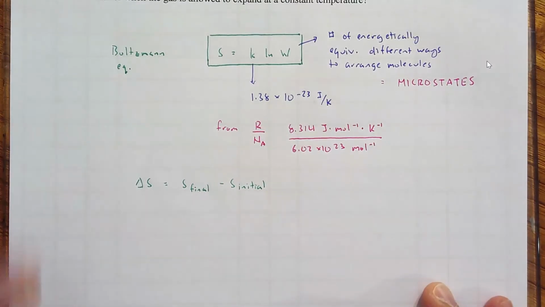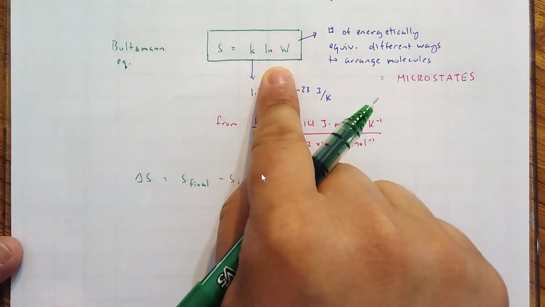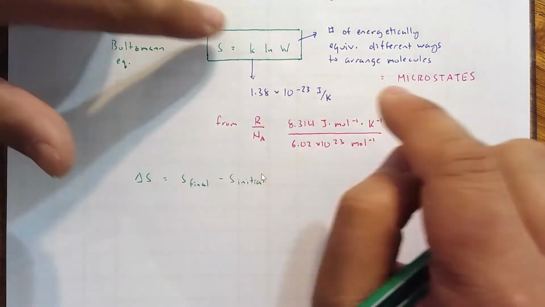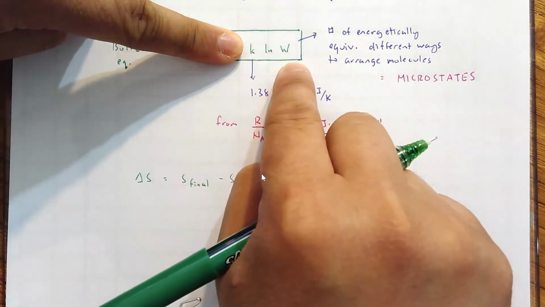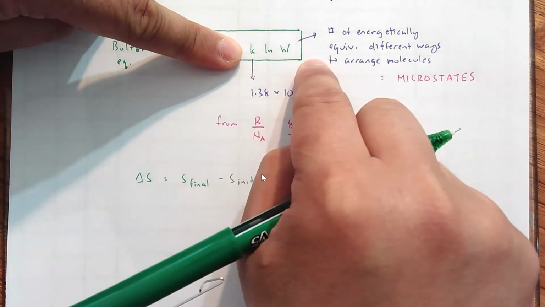That's standard for a delta term, but when we plug in the final and initial here, it's basically the final Boltzmann equation minus the initial Boltzmann equation.